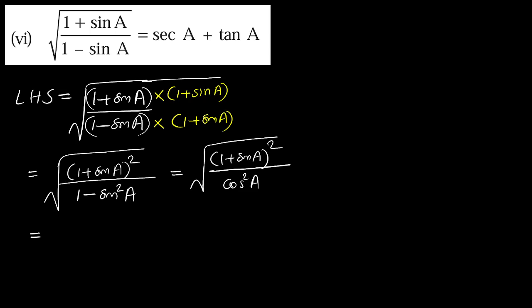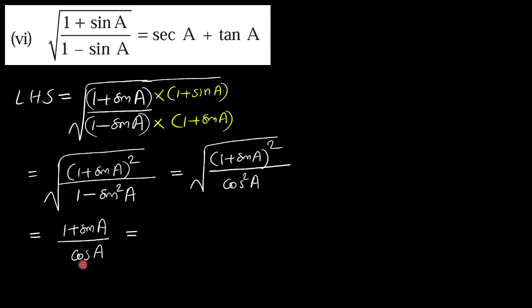Can I take the square root for numerator and denominator? Yes. If you take the square root of the square of a number, the square is removed. So you will get 1 plus sin A in the numerator. Root cos square A will be cos A. Is it the right hand side? No. I can split it into 2. How?